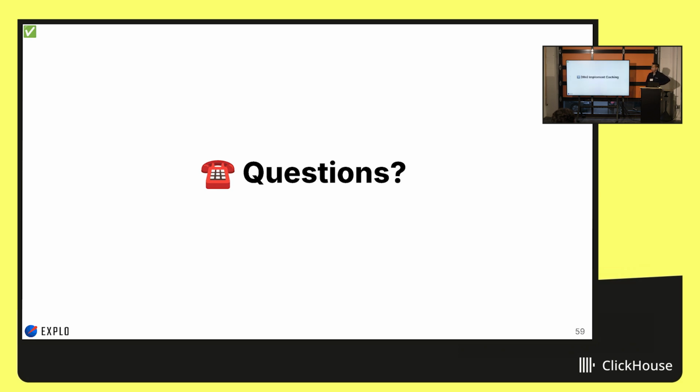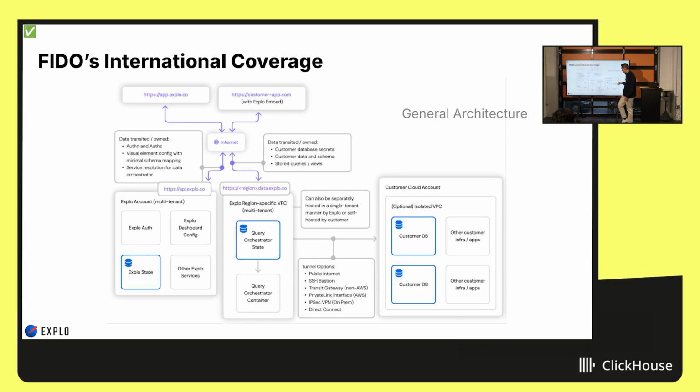It's a really interesting question. In our old V1, they all lived in the same place, which was kind of the issue. And I can go to the V2 architecture to point out. So the queries themselves, that information lives in Fido. And then we have what's called our customer information. We have these concepts called customer objects within Explo.